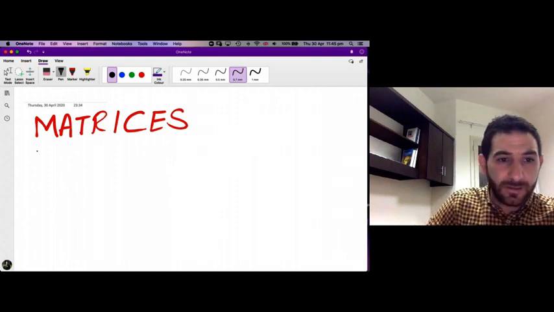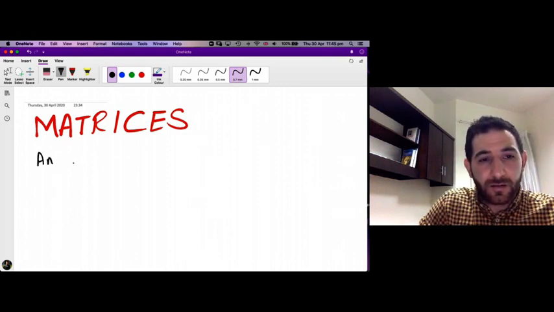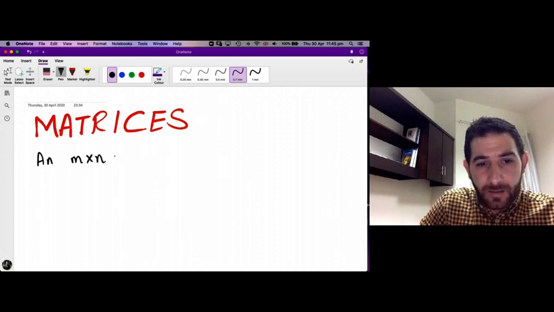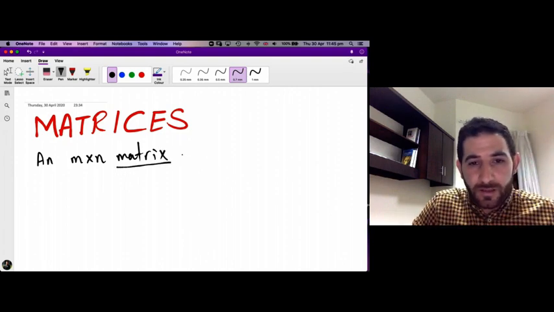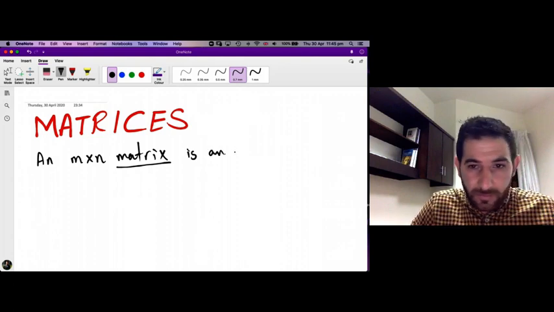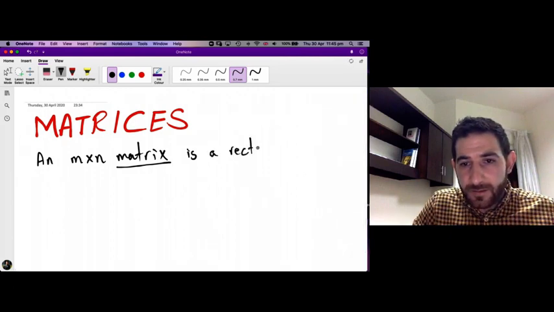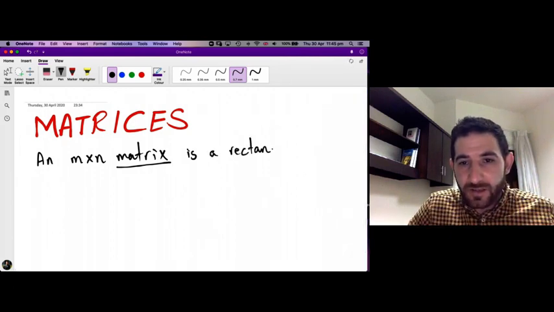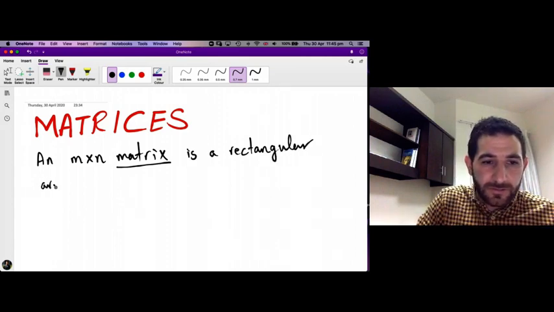Let us define it. Simply, suppose m and n are positive integers, then we say an m by n matrix is a rectangular array, so it's a two-dimensional array of real numbers.